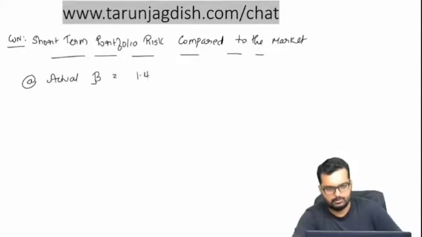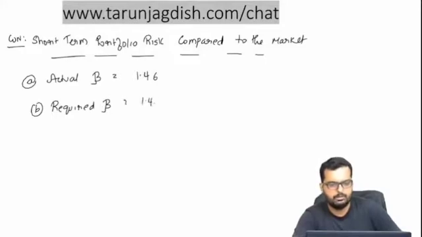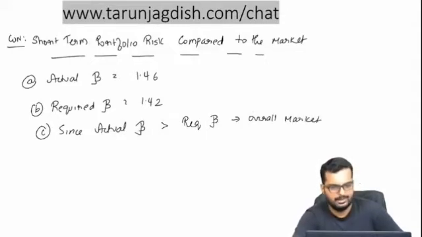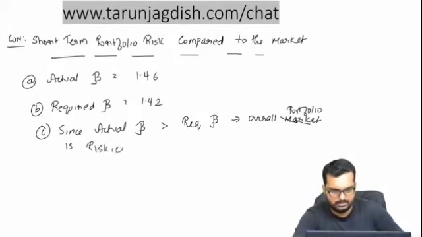What is the actual beta? We have got 1.46. Then they write down the required beta, that is 1.42. And then they say since actual beta is greater than the required beta, overall the portfolio is riskier than required.